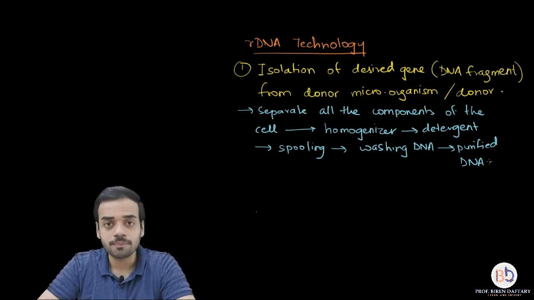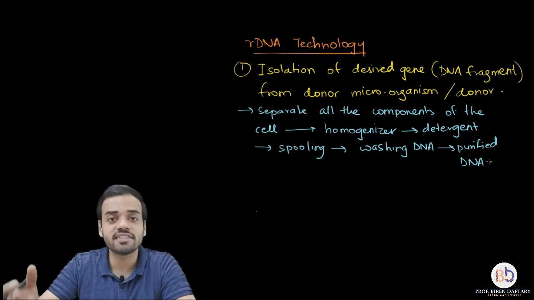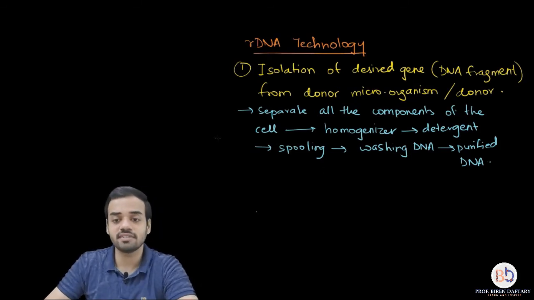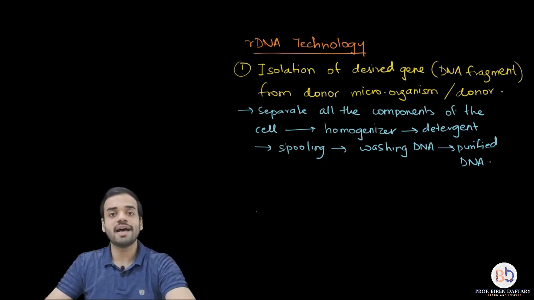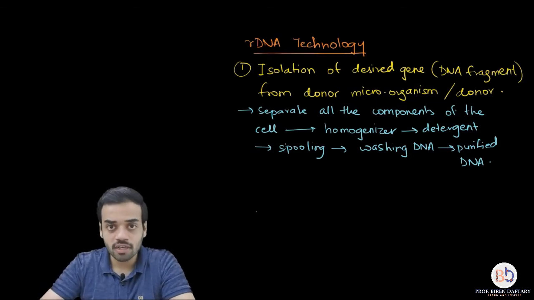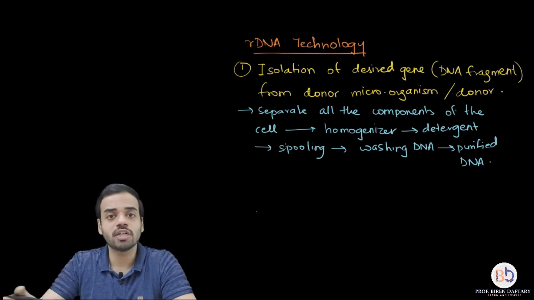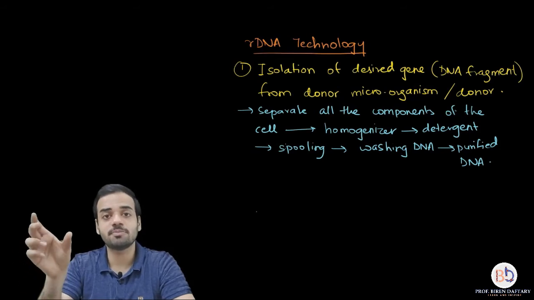Very simple. What we will be using is restriction endonucleases or restriction enzymes. Is this clear? Okay, so that DNA which you have got, you are going to cut with a suitable restriction enzyme, and everybody knows that restriction enzymes normally cut the DNA at specific locations.